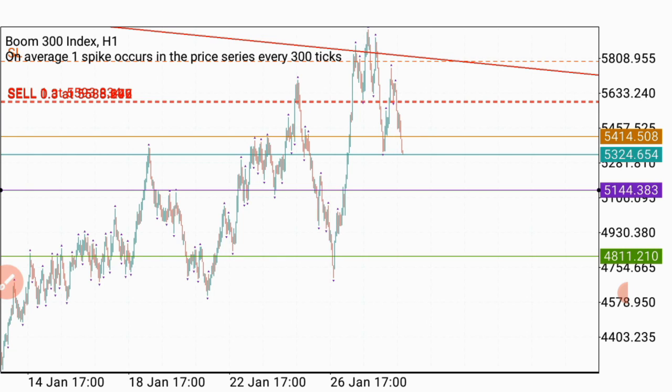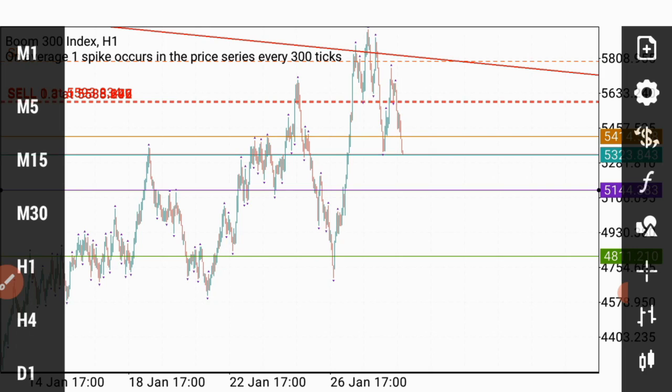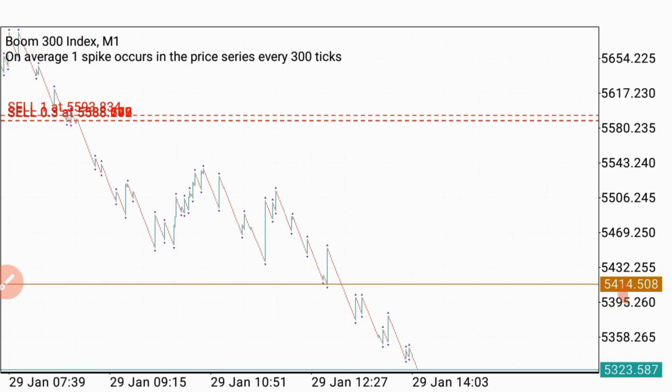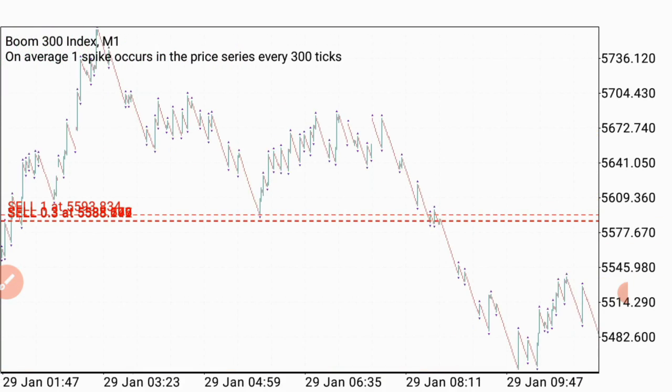Now, the newest pairs of Boom and Crash synthetic indices are very volatile, so much so that if you go to a lower time frame, you hardly see a place for entry. Spikes everywhere.